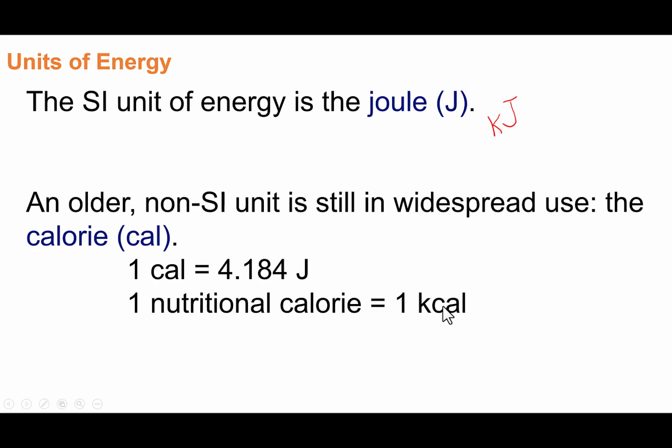A nutritional calorie is actually a kilocalorie. Again, these numbers get very large very quickly, so to reel them in, we use that prefix kilo, just like we would for the joule. But those are probably the two units of energy that are the most widespread. But again, we will live with joule. Anytime you see the unit joule, that will be your unit for energy.